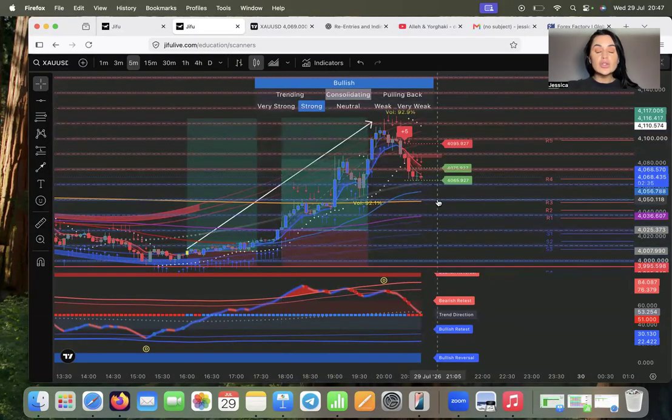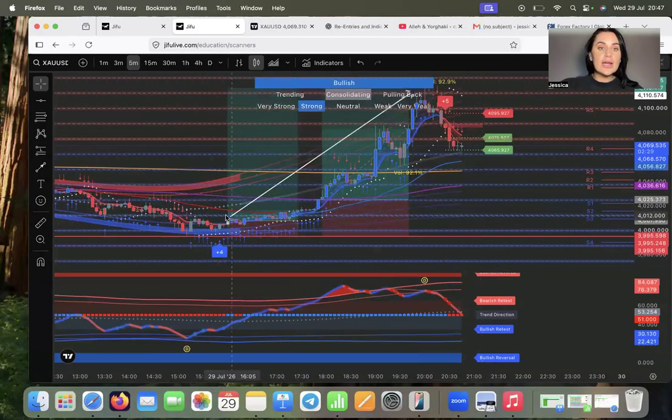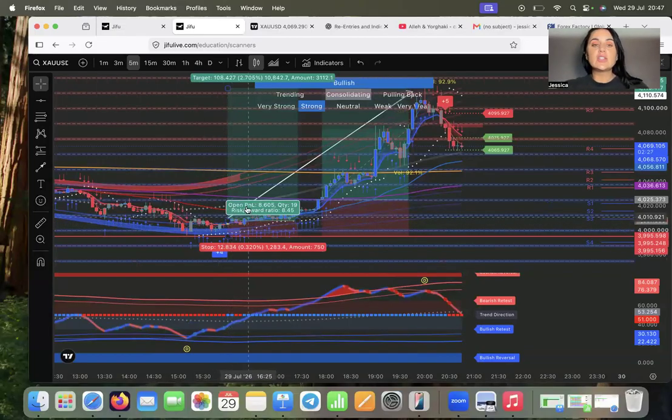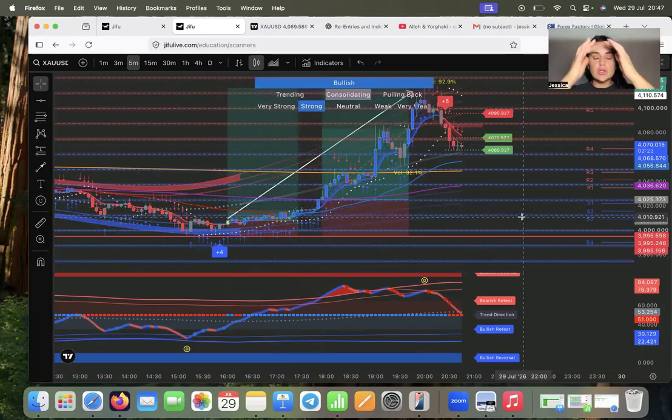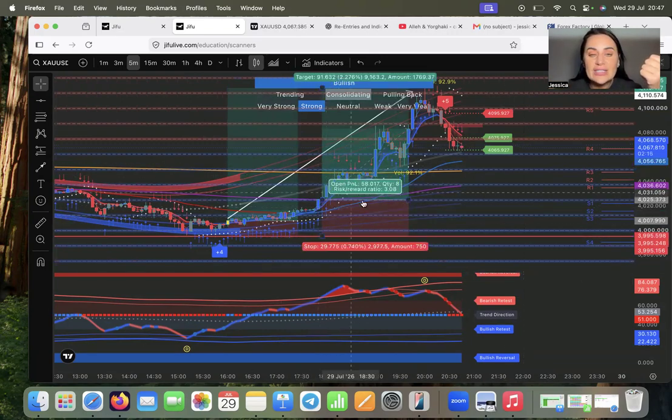That's still a good trade. That's a brilliant trade. So even if you come on and you've missed this entry here, no problem. I'm just going to wait for the next one from Sniper Pro. And guess what, guys? We can layer as well. Just look for the entries to layer.